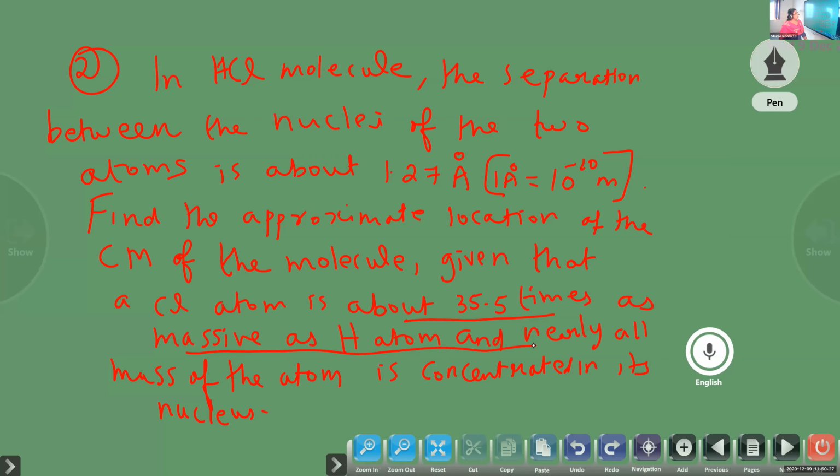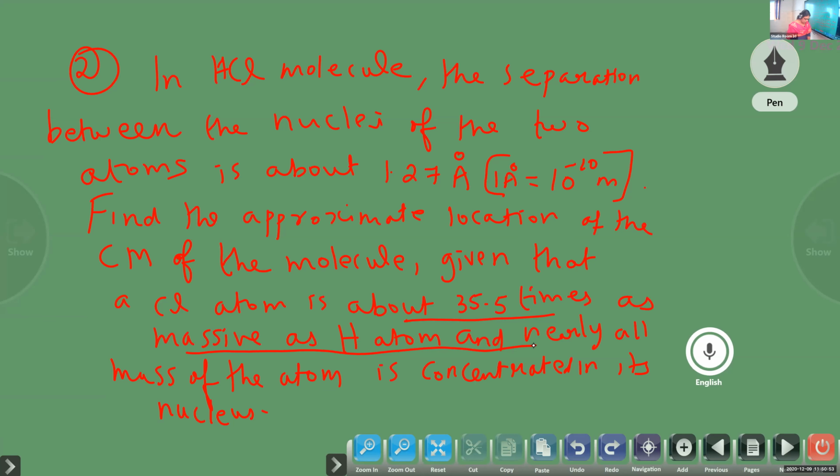So in HCl molecule, the separation between the nuclei of the two atoms, HCl means one hydrogen atom, one chlorine atom, they both are placed at a distance 1.27 angstrom. You have to find out where the center of mass of that molecule is, assumed to be concentrated, and on the basis of the Rutherford-Bohr atomic model, we know that it is at the nucleus.